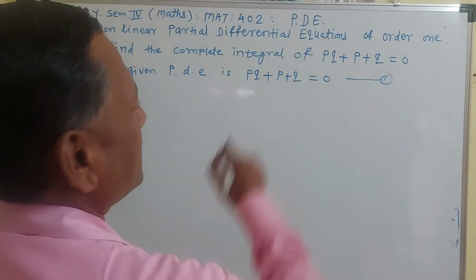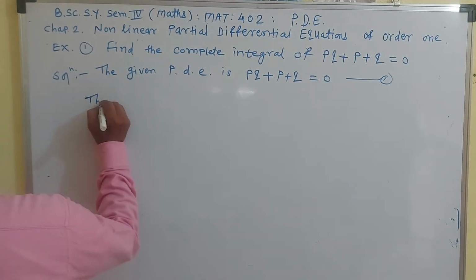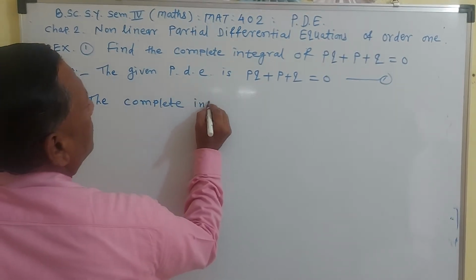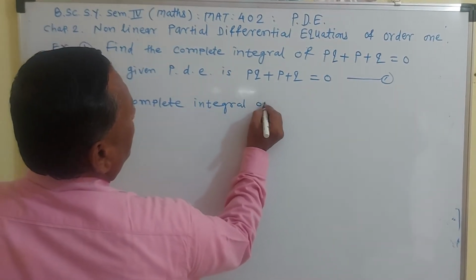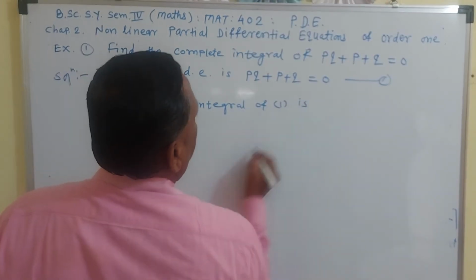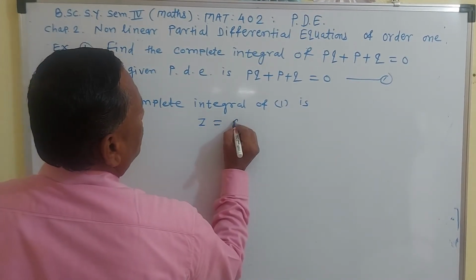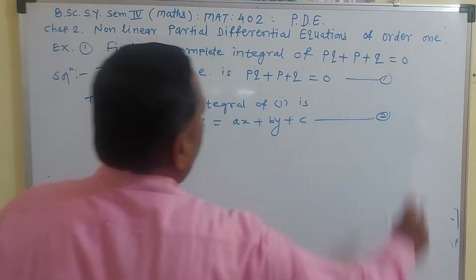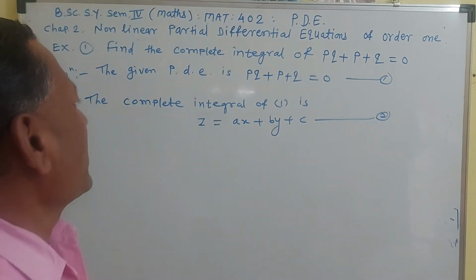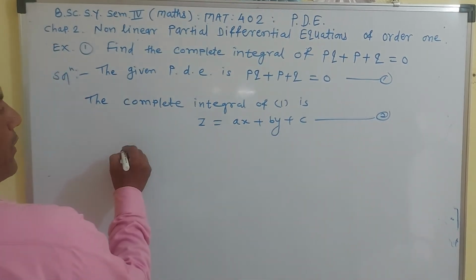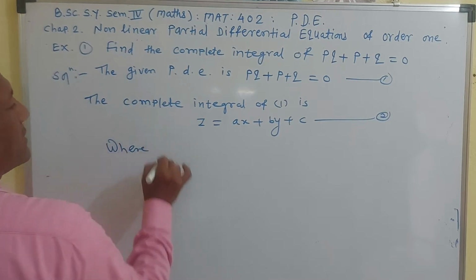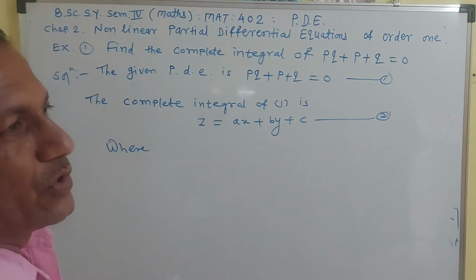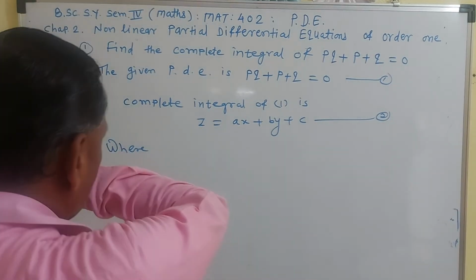So you know what the complete integral is. Its type is z is equal to ax plus by plus c, and here you have to find the value of b in terms of a, where a and b are connected, that is f of ab is equal to 0, or f of pq is equal to 0.